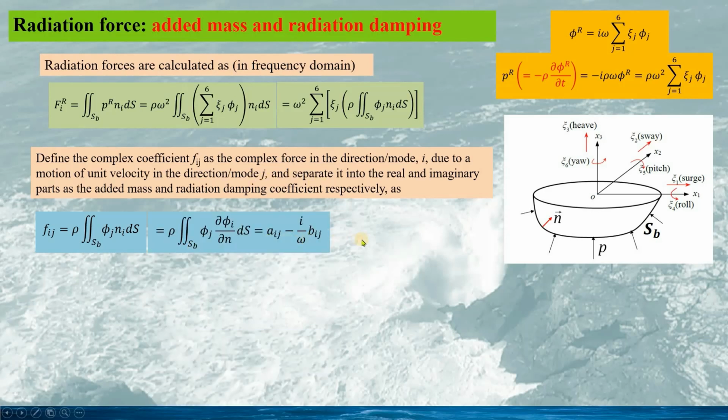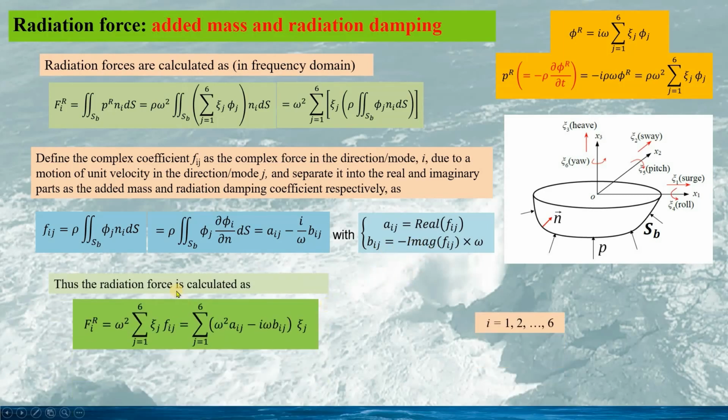And if we separate it into the real and imaginary parts, given as this expression, we have the added mass, Aij, as the real part of the complex coefficient Fij, and the radiation damping coefficient, Bij, as this. Using the expression Fij, we can have the radiation force as this.